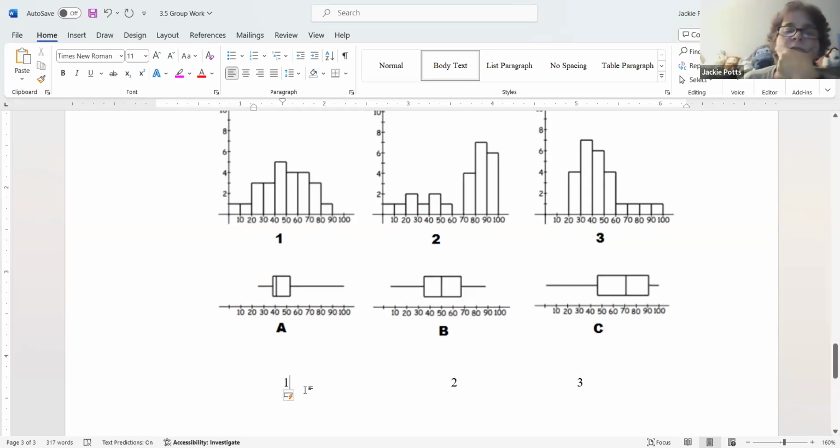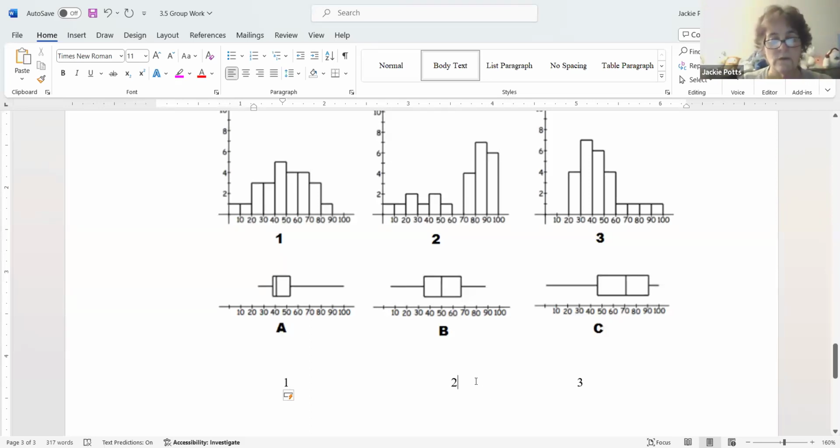Looking at this, we don't have some very pretty ones, do we? So let's go for the skewed better, because I don't see any that's really nicely symmetric. So let's look at 2. See how 2 really does have a long tail? If I was to try to draw a bell on that, we have a long tail going to the left. So we have some skewing. It's skewed left. So looking at the 3 box plots, which one has a whisker that's long to the left?